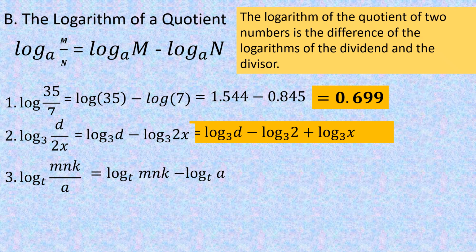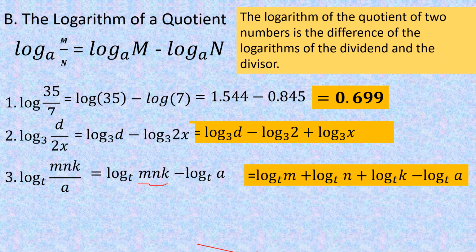But remember that this one is to be expressed into a logarithm of a product. So therefore, the final answer will be log of m to the base t plus log of n to the base t plus log of k to the base t minus log of a to the base t. So that's the final answer in number 3.